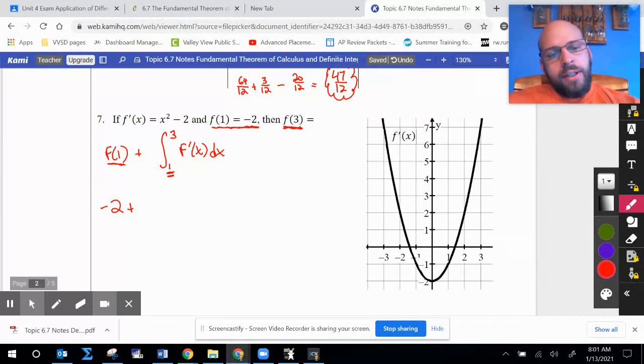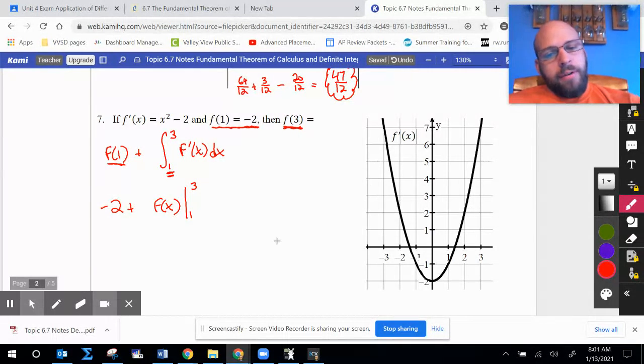Now, if I evaluate this integral, the antiderivative of f prime is just f from 1 to 3. Now, we know what f prime is, right?